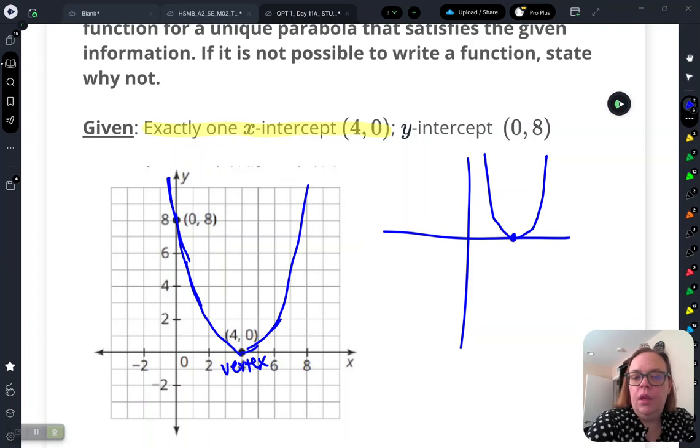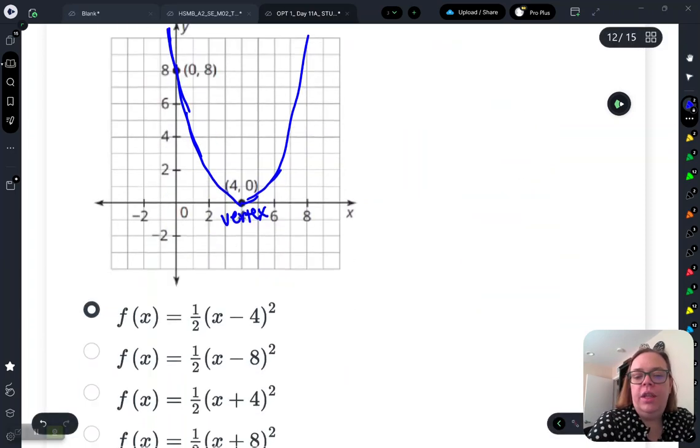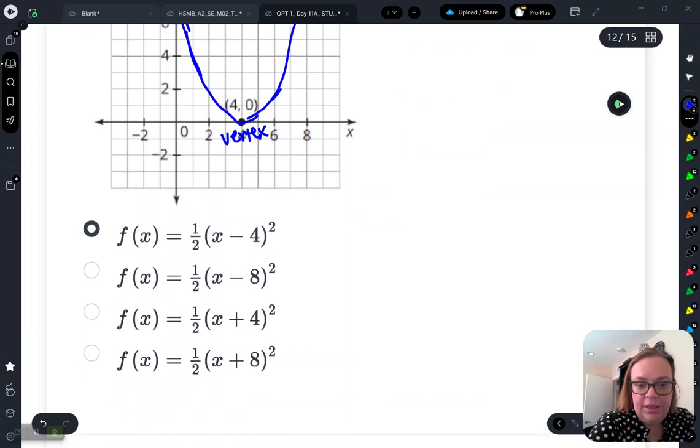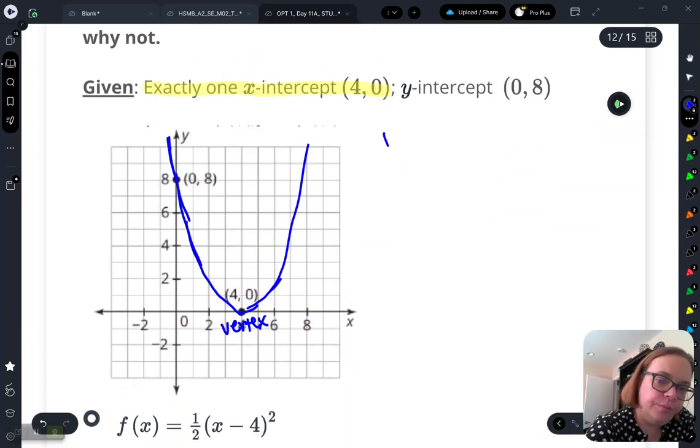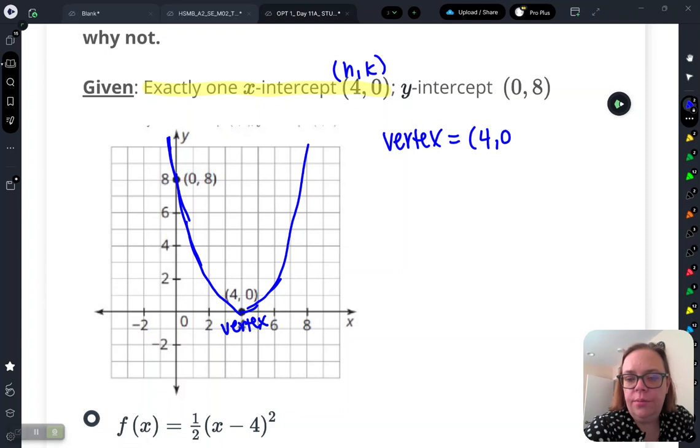So what we could do is use the vertex form, which is what these are all in, to help us, because I know that this is (h, k). This is our vertex. Our vertex form is, I'm going to use y instead of f of x. It'll be a little easier here, but it doesn't matter. y equals some a times (x minus h) squared plus k.